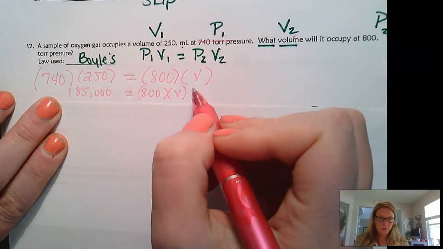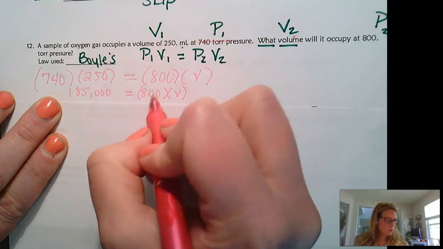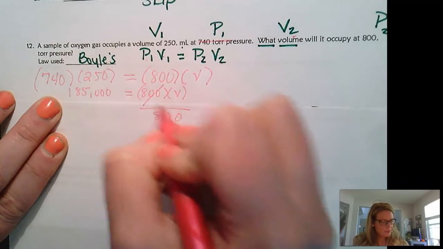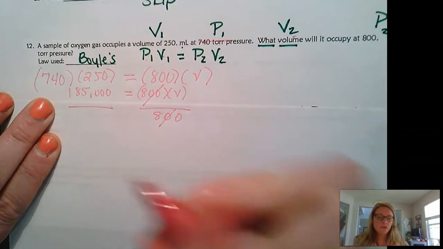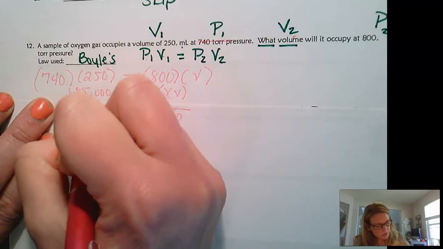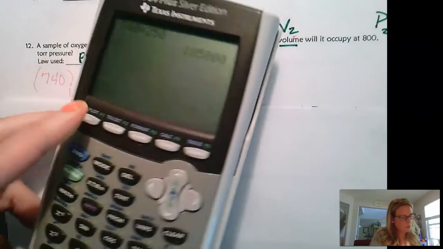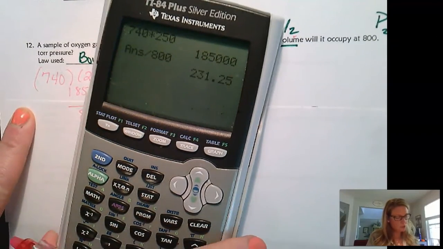How do you get 800 by itself? Well, you do the opposite. You divide. So we're going to divide this by 800, and that's going to cancel those numbers out. And then whatever you do to one side, you have to do to the other. So we're going to do 185 grand divided by 800. It gives me 231.25.